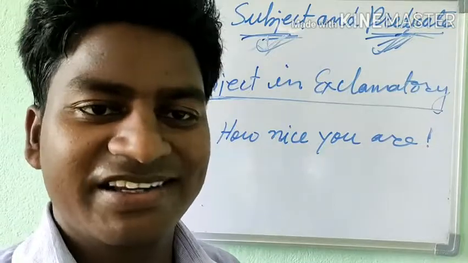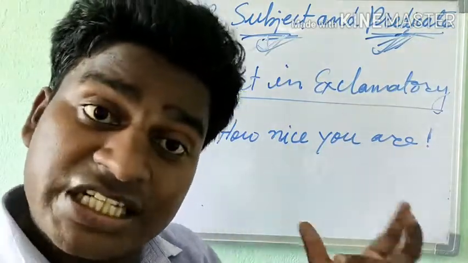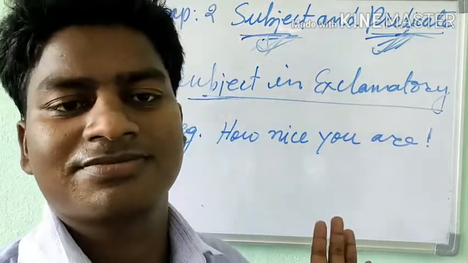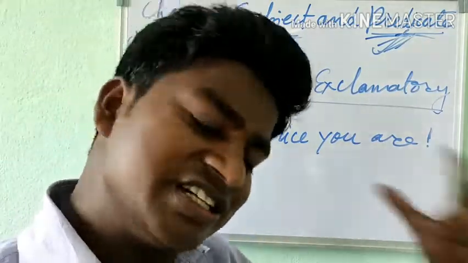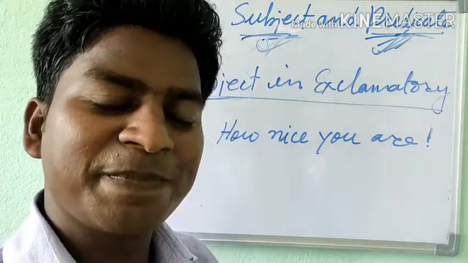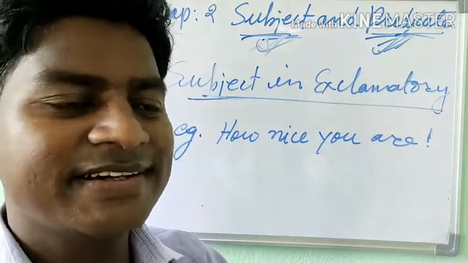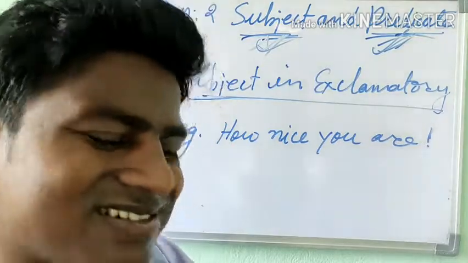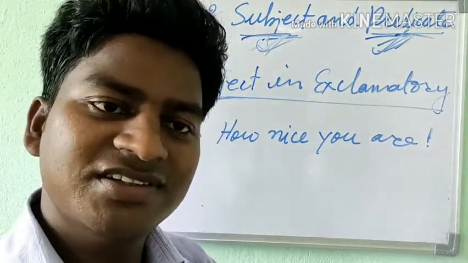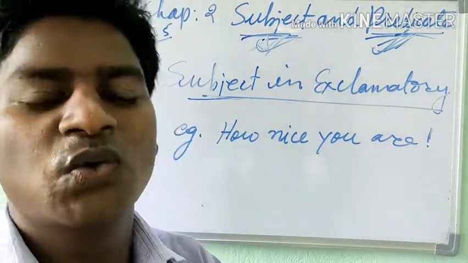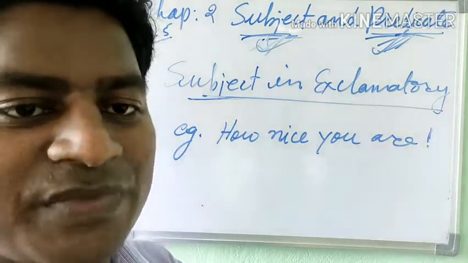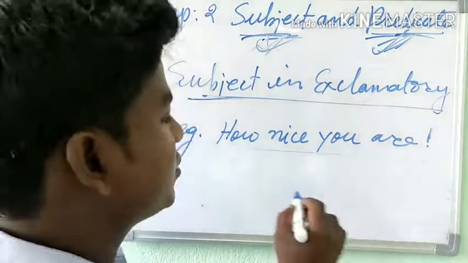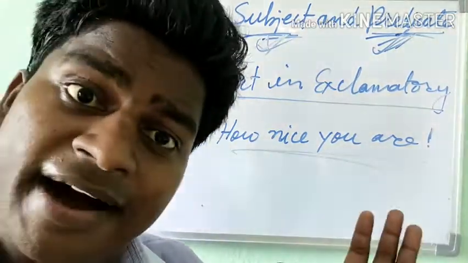So such a sentence, if you are given and told find out the subject, the rule is the same as interrogative. We have to just slightly rearrange the order of the words in a sentence. And how? Let's see. Now the original sentence is, how nice you are.